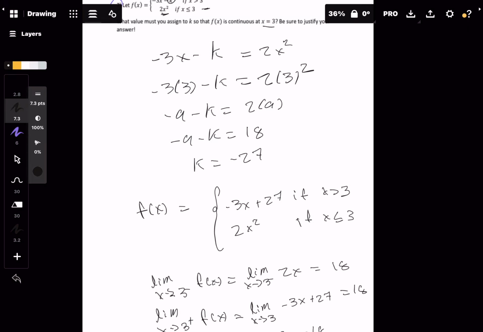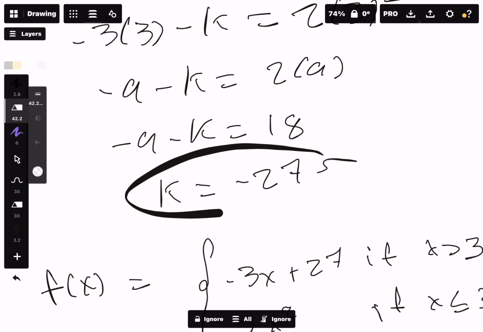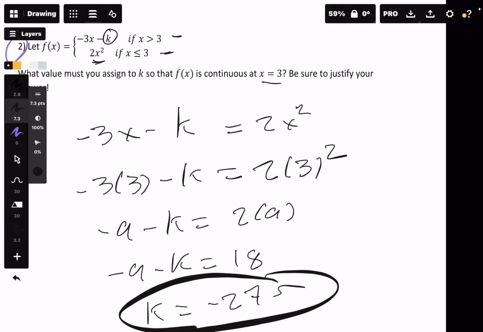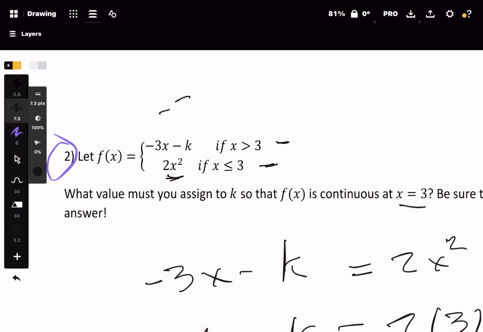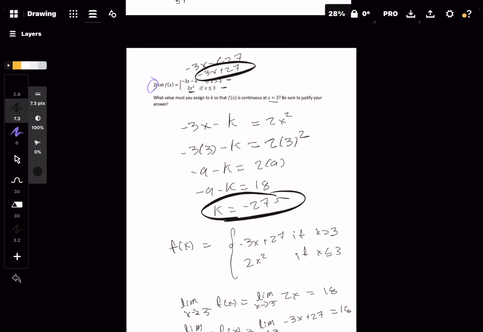Therefore, k can equal negative 27, which here will be positive since negative times negative. Since it's negative 3x minus 27, it becomes 3x plus 27. Hopefully that helps. Thank you.